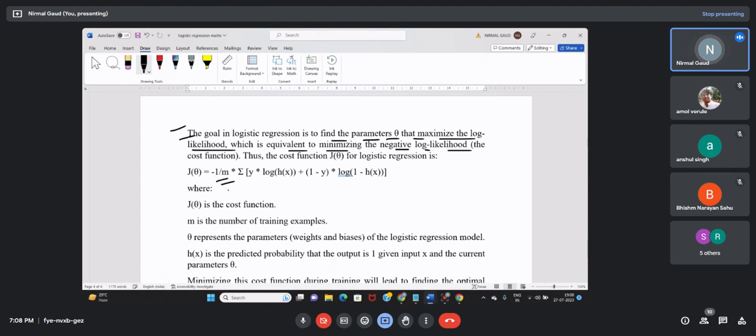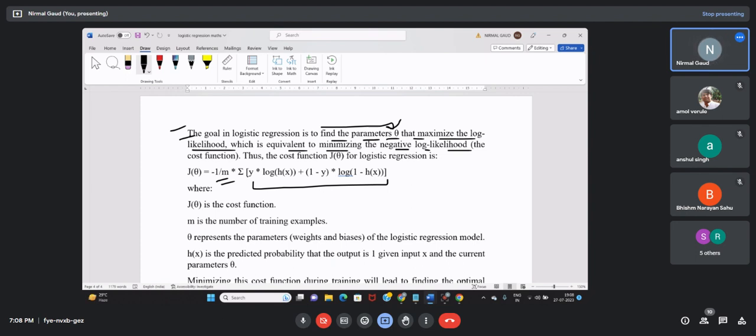As I already told, m is your data points. The rest of the equation is the same, which we have calculated. To find the parameter theta, you want to maximize the likelihood, that is the log likelihood, which is equivalent to minimizing the negative log likelihood.